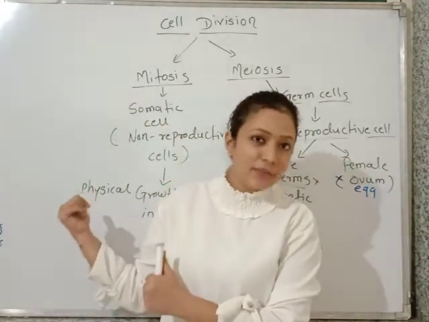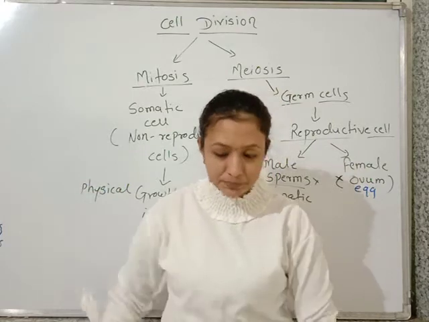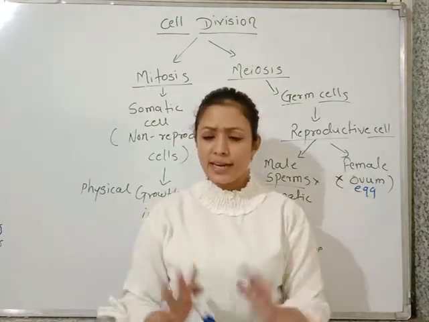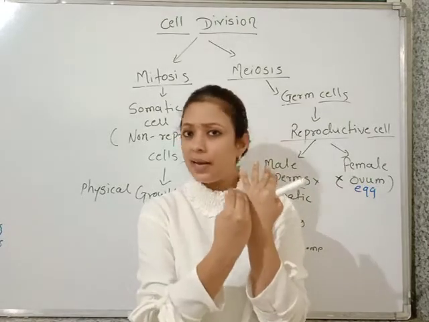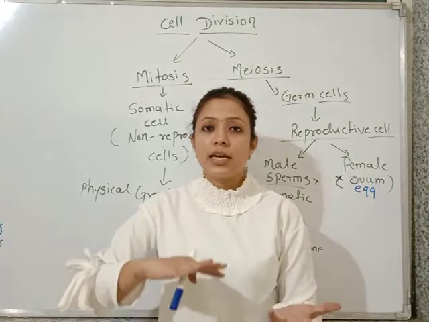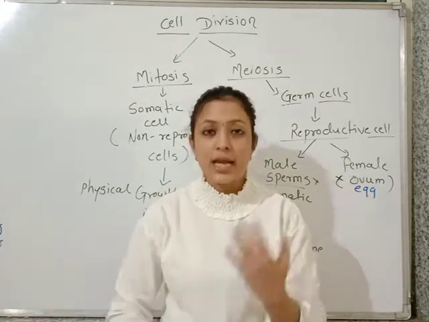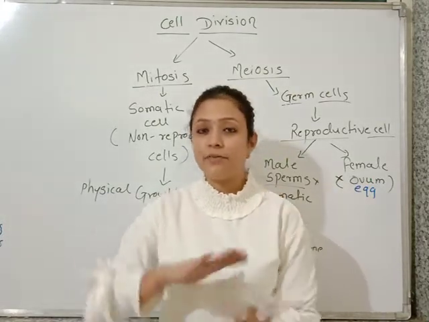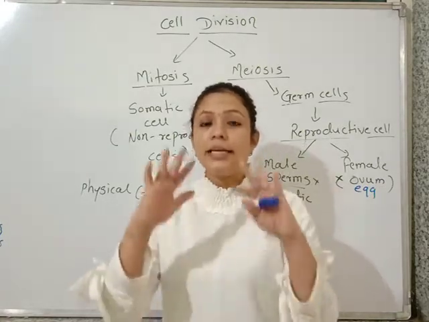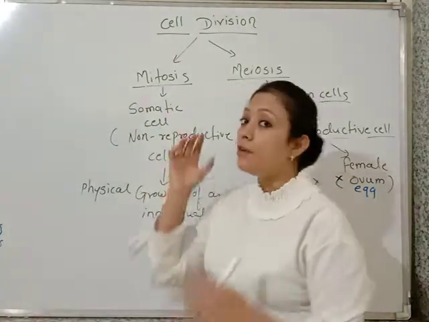Another significance of mitosis is that it also happens for the repair of the body. For example, suppose our hand gets cut and there is a wound. That wound heals automatically. A new layer of skin forms over that wound and the wound gets healed. It is due to the process of mitosis.